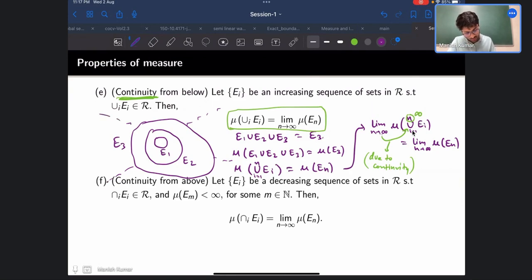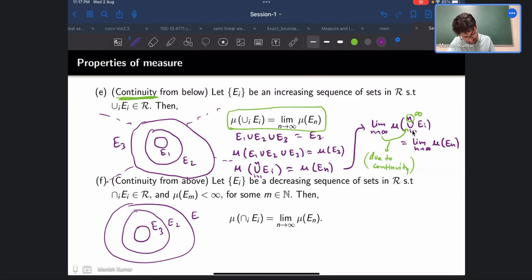In a similar way, here we are coming from upwards, so the sets are decreasing. Let's say this is E1, then this is E2, this is E3, and this is how it goes on.